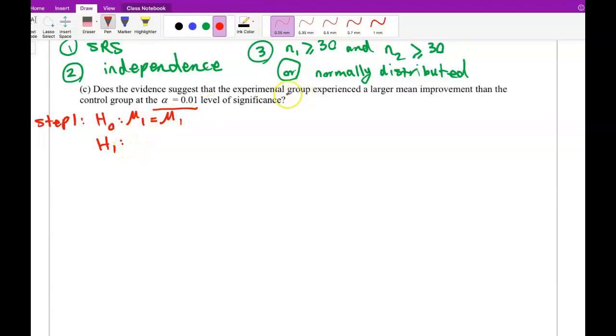For the alternative, the experimental group experienced a larger mean than the control group. So this was group 1, and here the control group was group number 2. So what we have is the mean for the first one is greater than the mean for the second group.